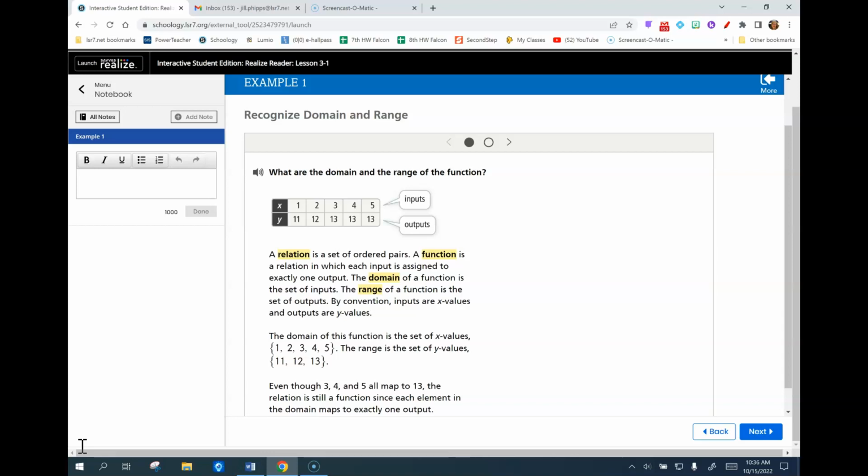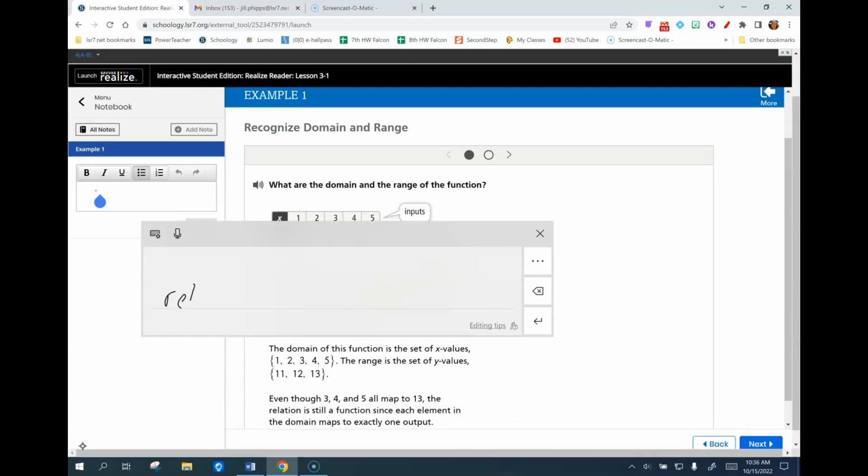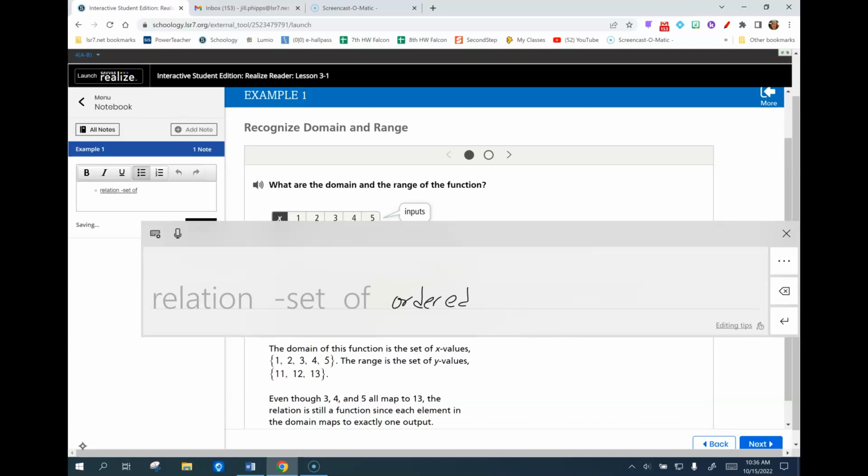The other option is you could come over here and type it in. So you could say relation is a set of ordered pairs. Okay? And then I can return and talk about a function.